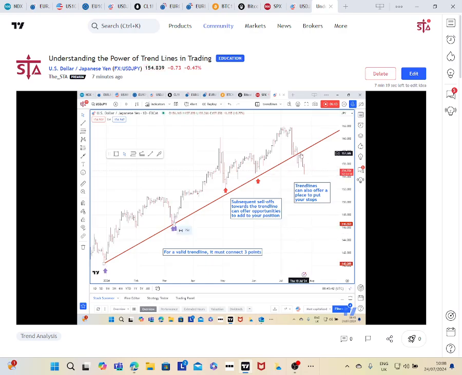Because once your trend line breaks, as in this situation here, you have to seriously question why you are still holding long positions. It enforces discipline. It's a very good visual aid.